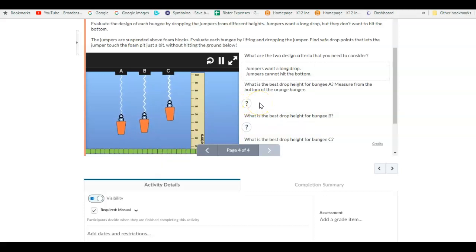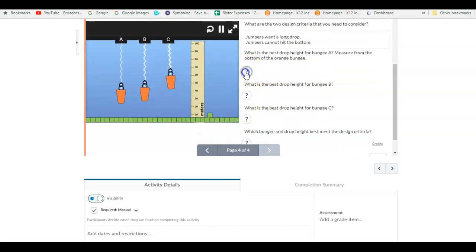So what's the best drop height for a bungee? Is it up here at this 90? Is it up here like at 70? So you're testing that. The best drop height is close but not over 50. What is the best drop height for bungee B?